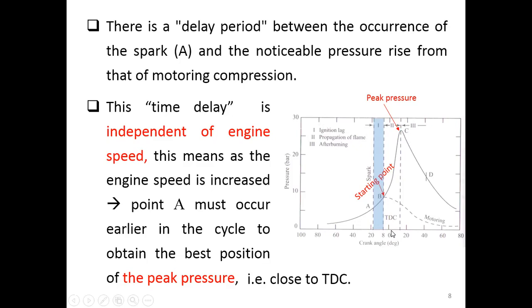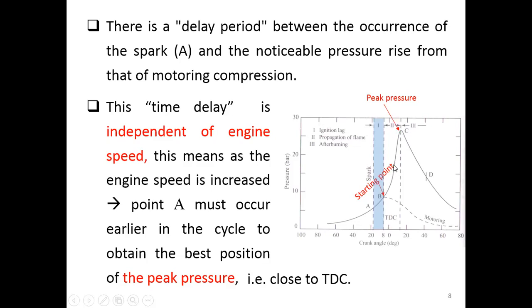This will happen, right? So when you increase your engine speed, the starting of the ignition has to happen earlier in the cycle in order to keep the best position for the peak pressure, and that best position is close to the top dead center, right?